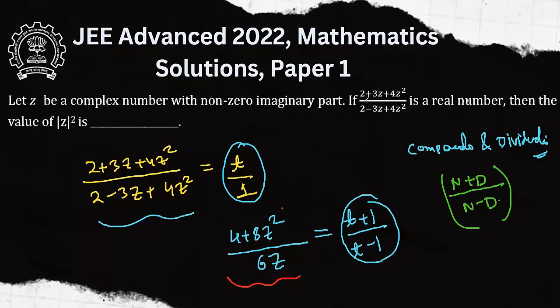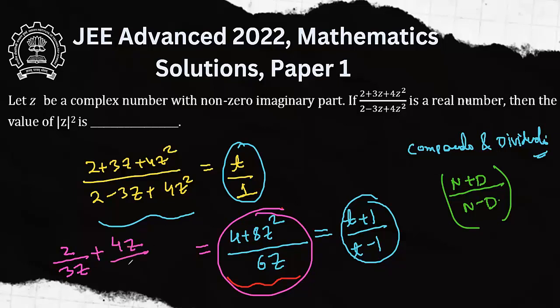So I can say that this, 2 upon 3Z plus 4Z upon 3, I have divided: 4 by 6Z is 2 by 3Z, plus 8Z square by 6Z is 4Z upon 3. This is a real number, right?